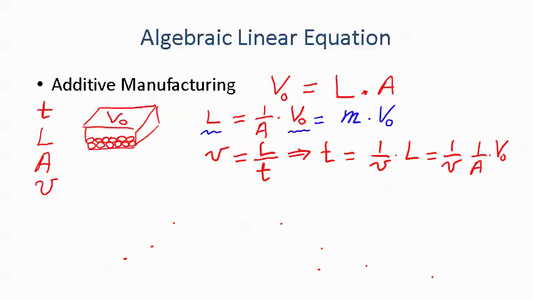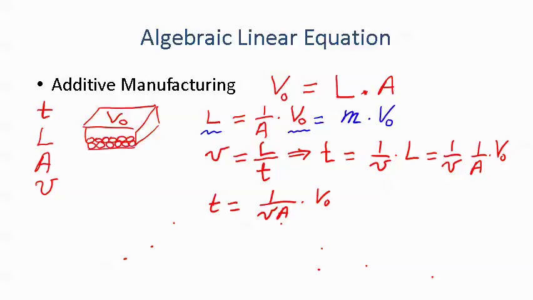So I'm going to rewrite this equation as time equals 1 over V times A times the volume of the object. This equation is in the standard form of a linear equation that goes through the origin. If the volume is 0, then the time will be 0.